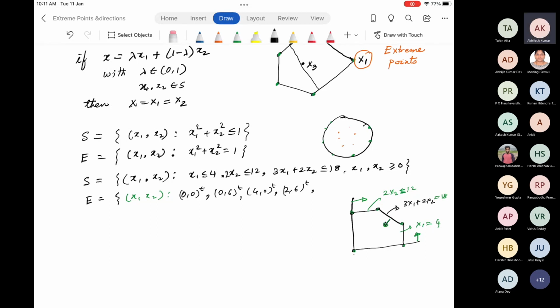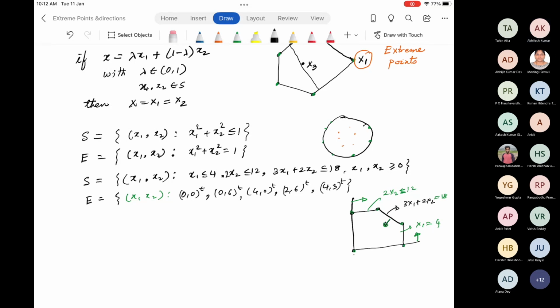So if I put 4 here, this is 12 minus 8, 6, 3, 3 comma 4. Just check if it is right. Sorry, 4, 3. 4 comma 3. So this is how we describe extreme points.